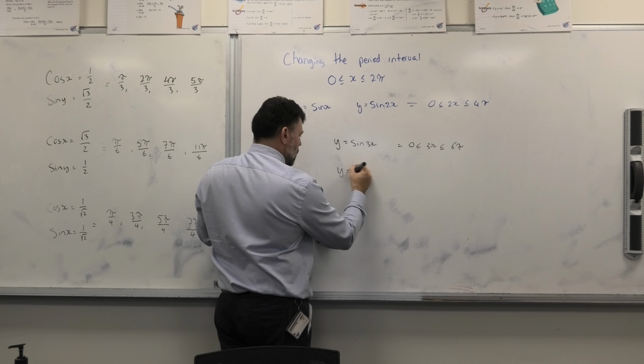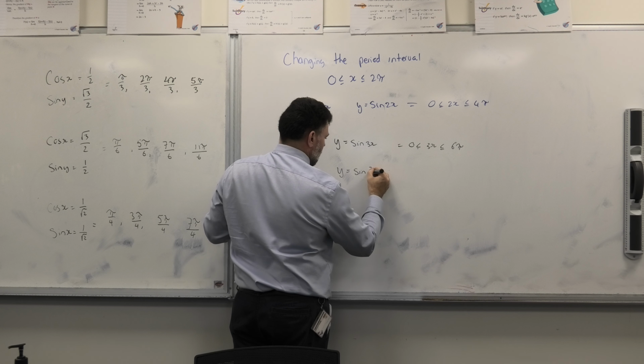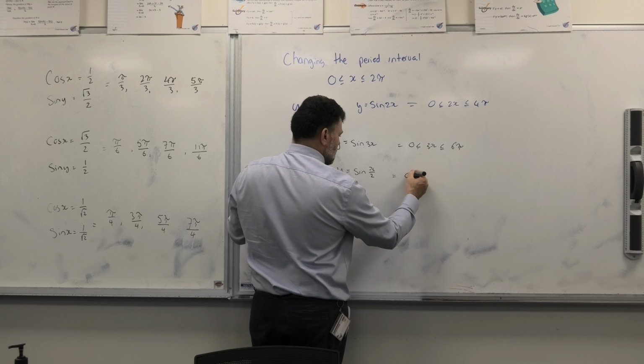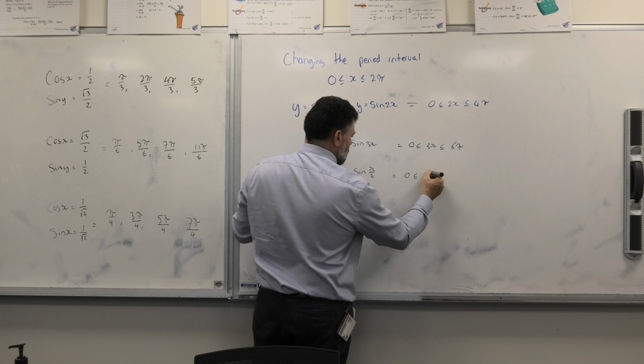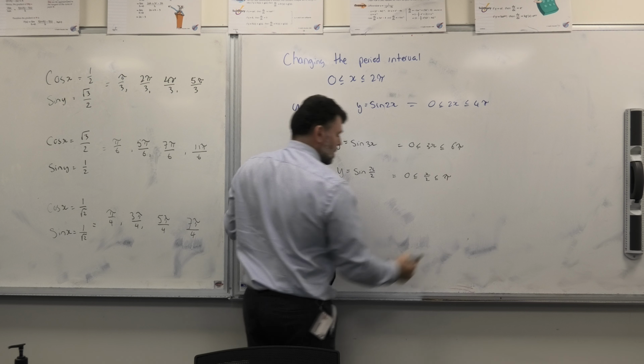Or if I had y is equal to sine half x, then this here is the same as doing 0 is less than or equal to x on 2, which is less than or equal to pi.